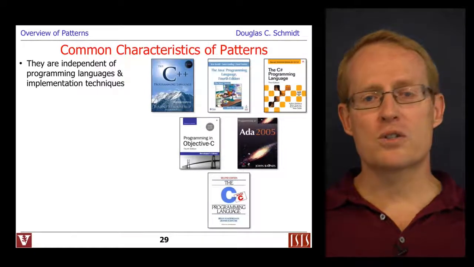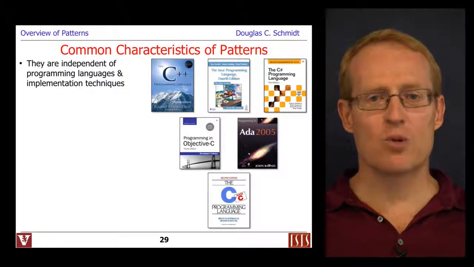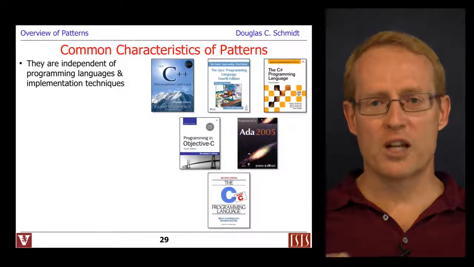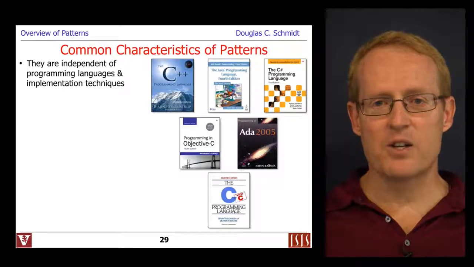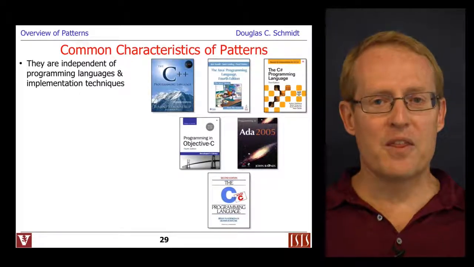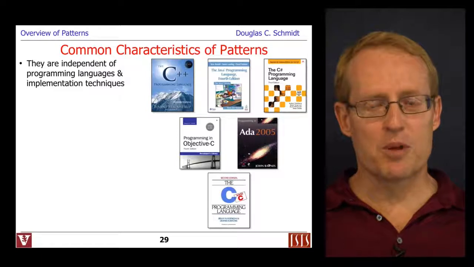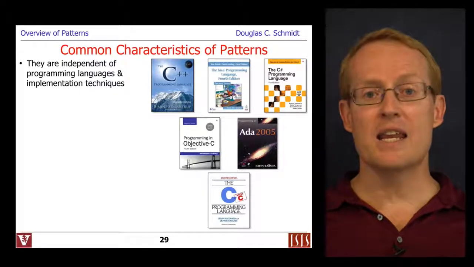There are, of course, certain patterns that are specific to a particular language or to a particular environment. For example, C++ has a language feature called destructors. And there's a whole variety of common C++ patterns, which we typically refer to as idioms.